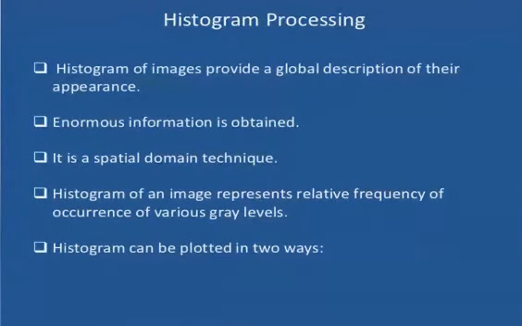That means here how many pixels are there with low intensity levels, and how many pixels are there with high intensity values. Based on this graph, you can easily identify which intensity levels are here with a large number of pixels, right?